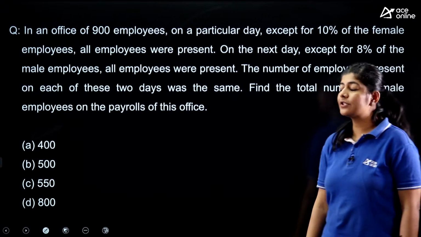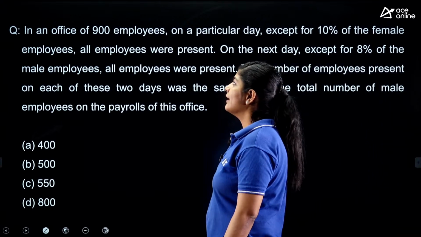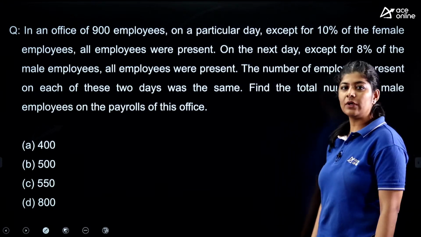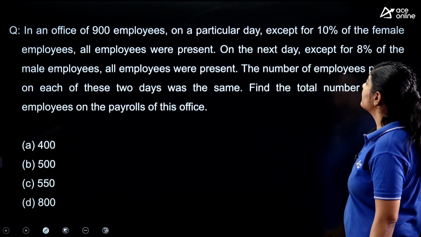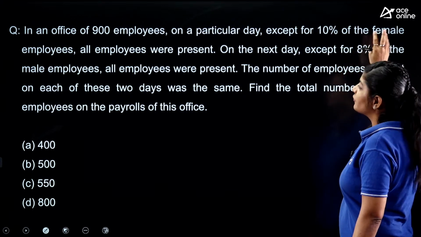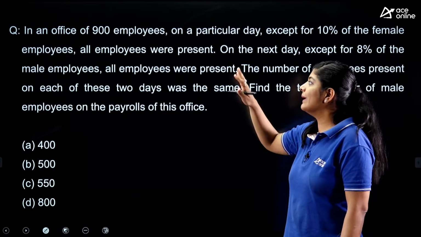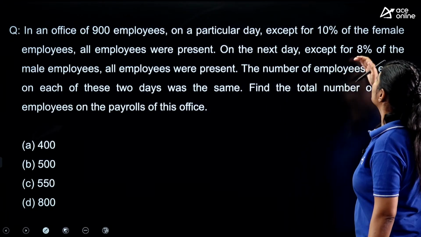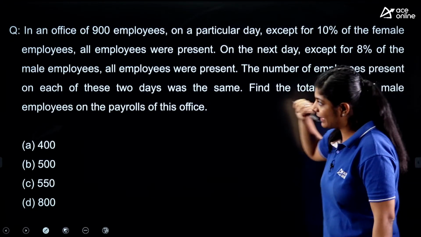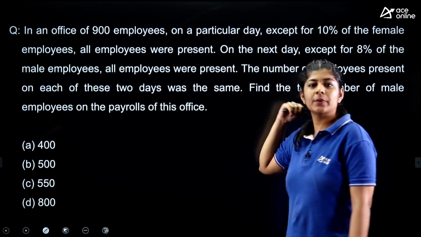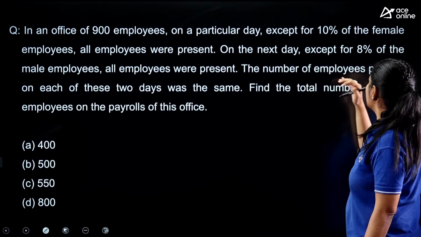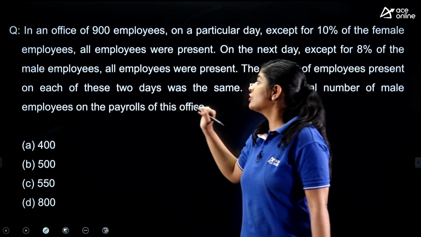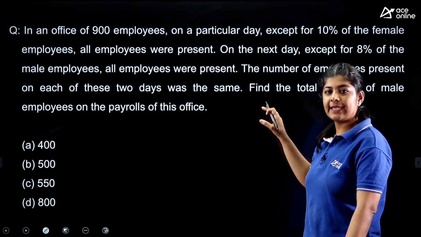Okay. The next question says that in an office of 900 employees, on a particular day, except for 10% of the female employees, all employees were present. On the next day, except for 8% of the male employees, all employees were present. The number of employees present on each of these two days was the same.